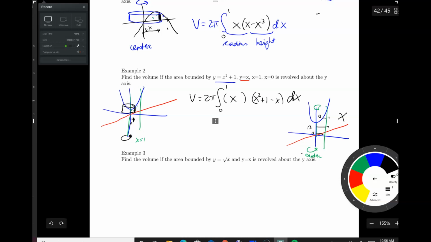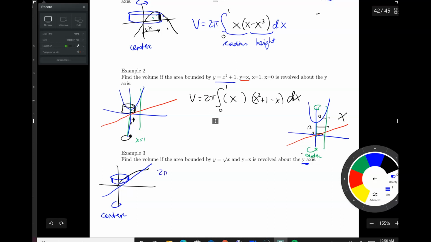All right, so let's go to the next one here. So now I have y equals root x and y equals x, and I'm revolving it around the y-axis. So this is center, and this area in here. If I wanted to do shells, I want to draw parallel to the axis of rotation.